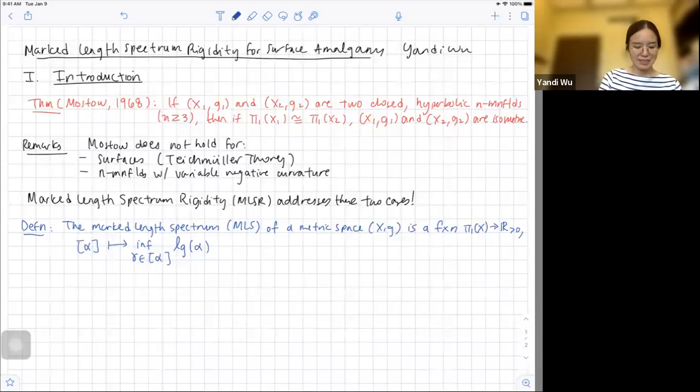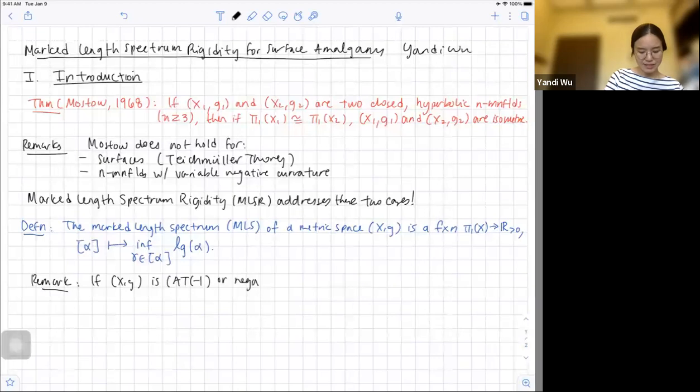This is a very general definition. There's no restrictions on the metric for the space that I'm looking at. But in today's setting, I'm going to be looking at negatively curved metrics. In that case, there's a definition that I think is a bit simpler to work with. If (X, g) is CAT(-1), for example, or negatively curved in the sense of Riemannian geometry, then each homotopy class of curves has a unique geodesic representative.